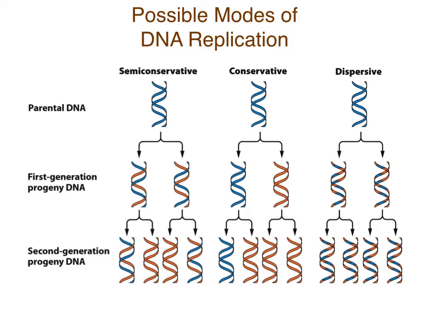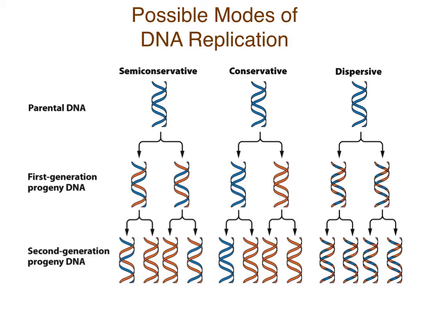Another type is dispersive DNA replication, where, as you can see in the first and second generation progeny, you just get a smattering on each of the templates of parental DNA and also newly synthesized DNA. So there are a bunch of potential modes of DNA replication.